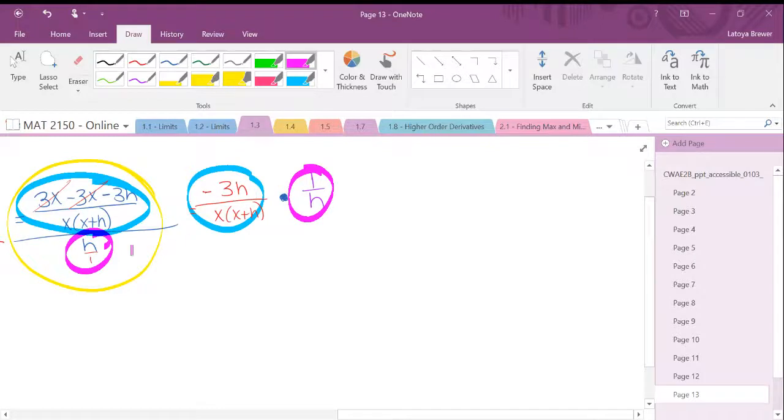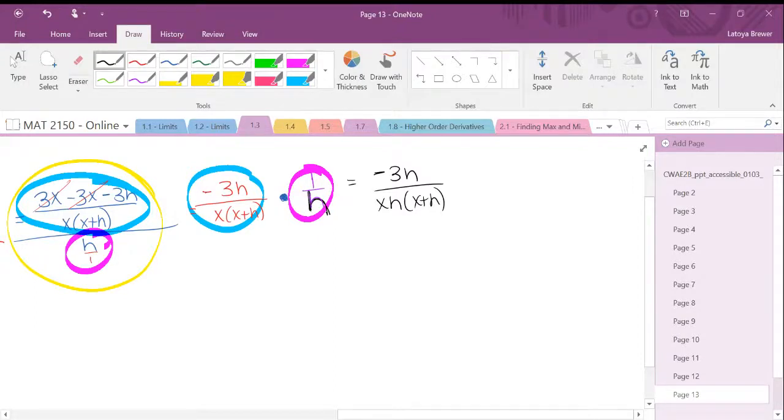So now I have my colors still coordinated, so you can see what my numerator was, and now my denominator flipped. And now I can multiply these together. When you multiply fractions, you multiply straight across. So that would give me negative 3h over xh times x plus h, and the h comes from right here.